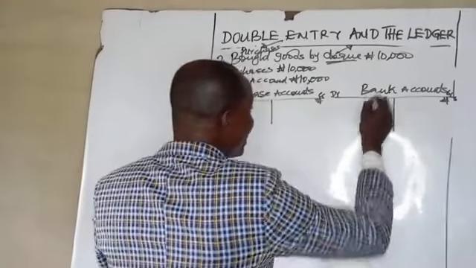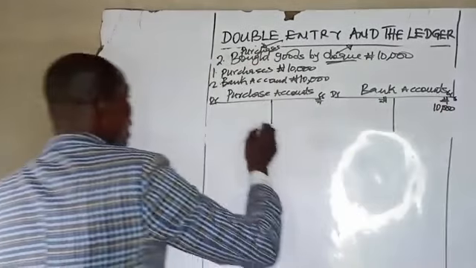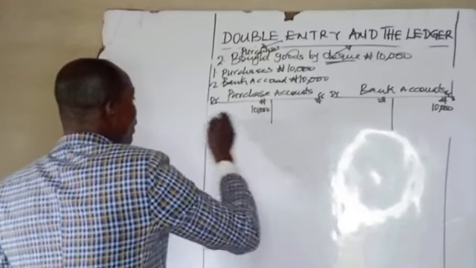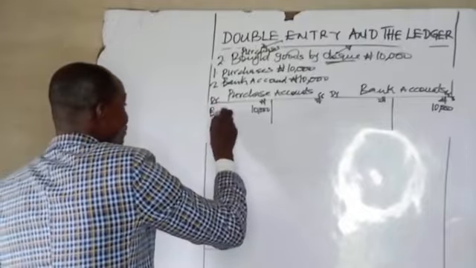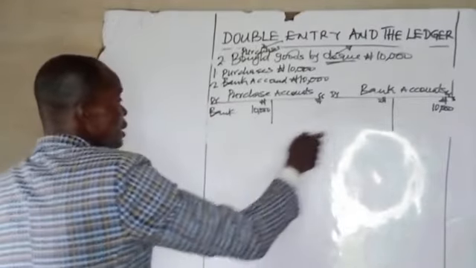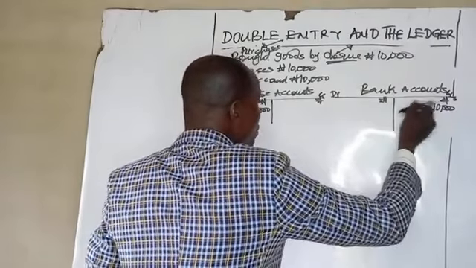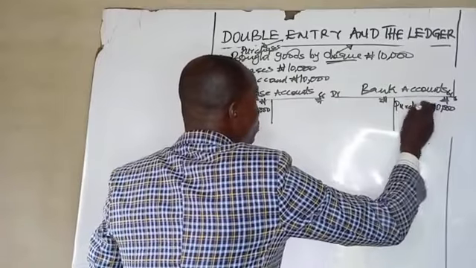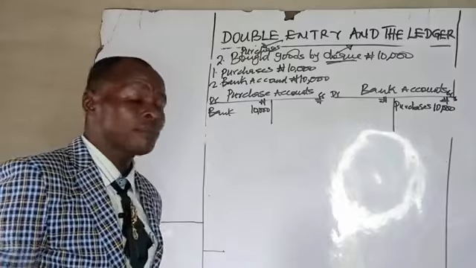You credit the bank account, 10,000. You now debit the purchases account, 10,000. In your narration here, the title of the other account will be written. So in your bank account, the debit entry is in the purchases account, so you put purchases account. That is how that transaction will be recorded.